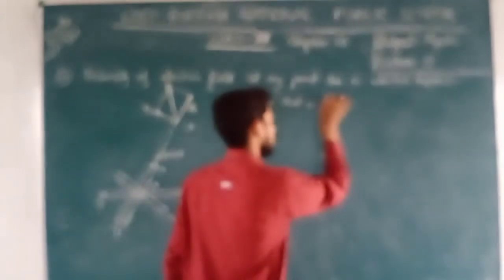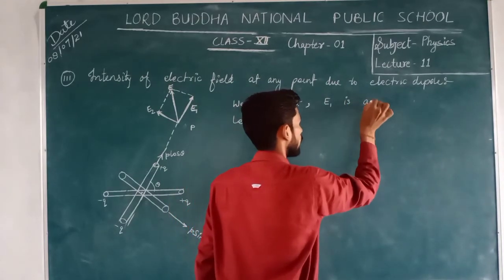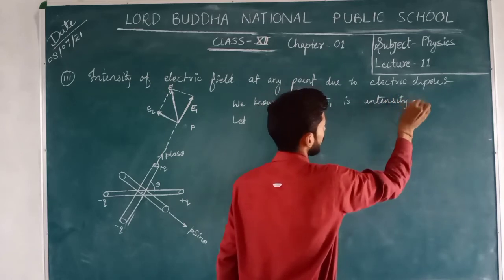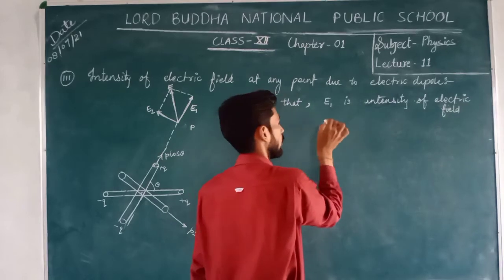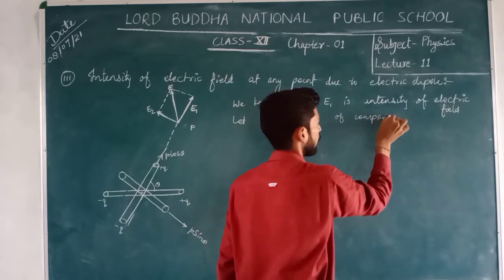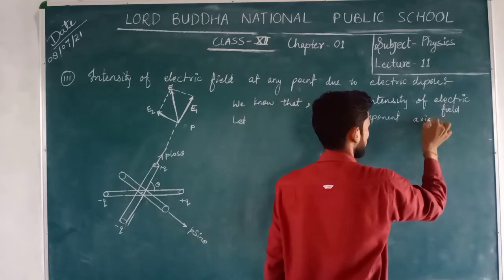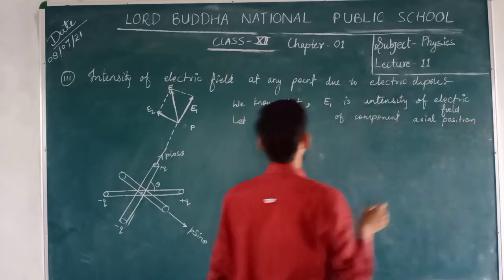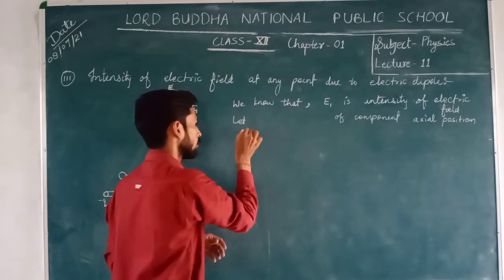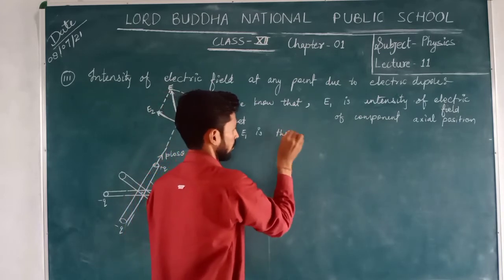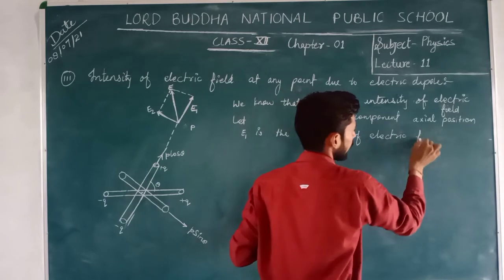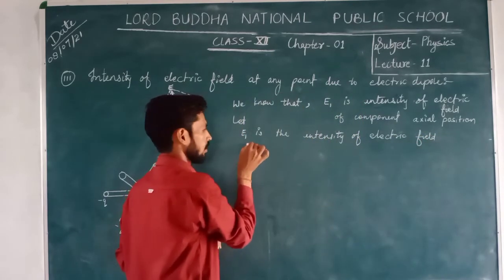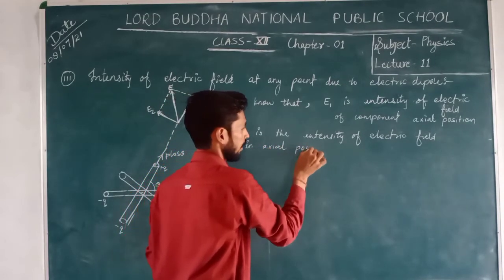So we know that E1 is the intensity of electric field of the component in axial position.